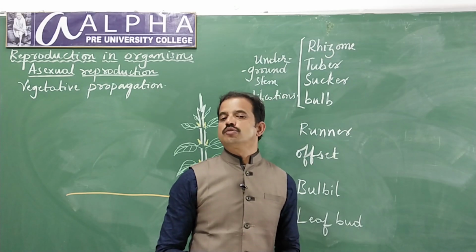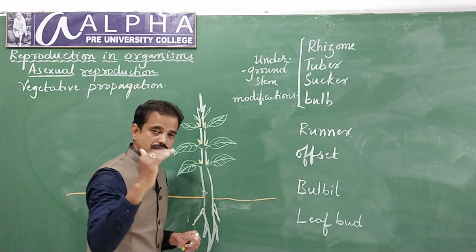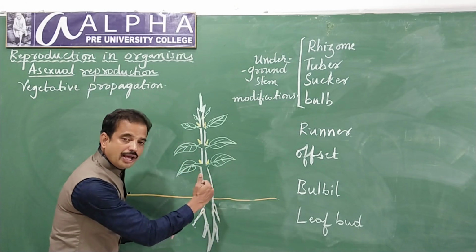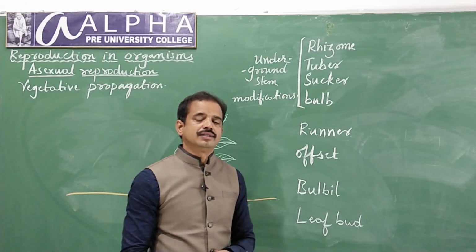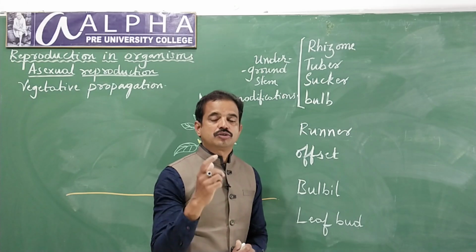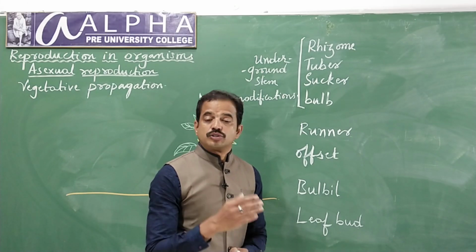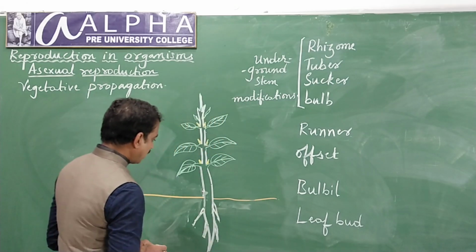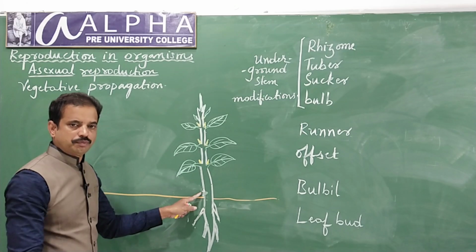Especially runner is a modification which is present just above the soil. It will be easy for you to understand if you watch the diagram which I am going to draw, so that you get a correct technical idea which will help you answer the NEET questions. Students, this is a typical angiospermic plant.